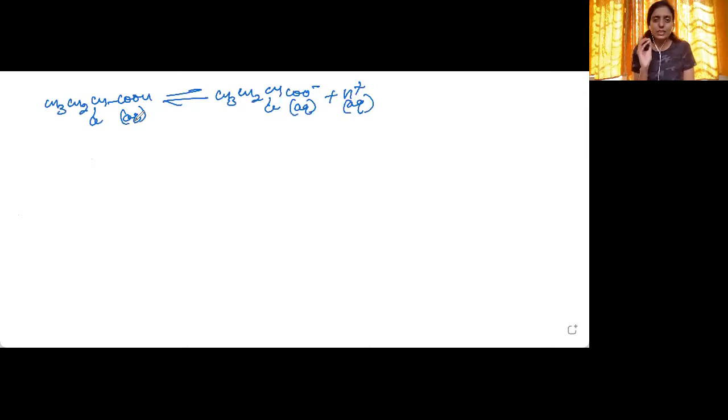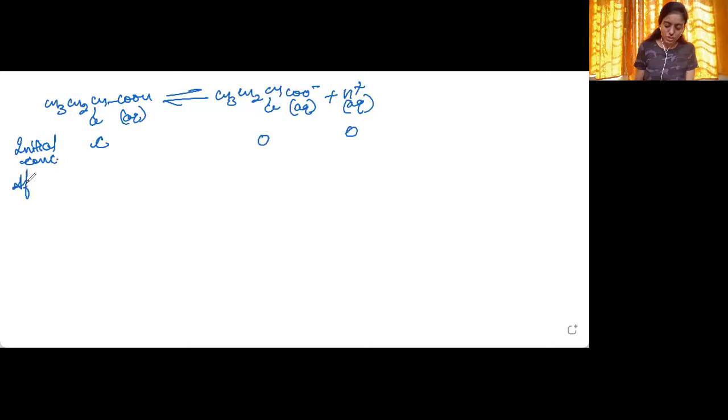In the initial condition, the acid is not dissociated. So I can write here the initial concentration. We suppose that the initial concentration of the carboxylic acid is c, that is small c. What will be the initial concentration of these two? 0, because initially there is no dissociation. Afterwards, when it gets dissolved into water, it will get dissociated.